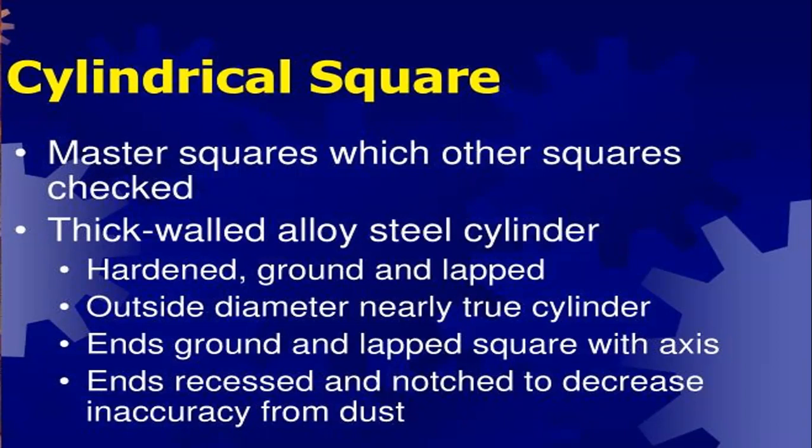They are hardened, ground and lapped. So these thick walled alloy cylinders are of the hardened type, and they are ground and lapped. So they lap the surface.